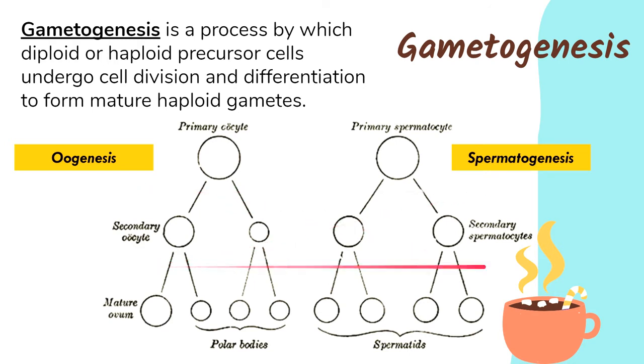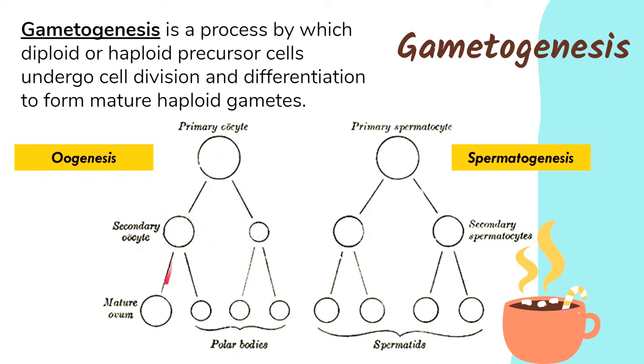There are two stages of cell division here. So the precursor cell or the major parent cell in oogenesis are called primary oocytes. And then after the first cell division, they are now called secondary oocyte.